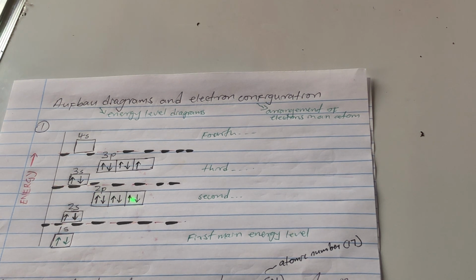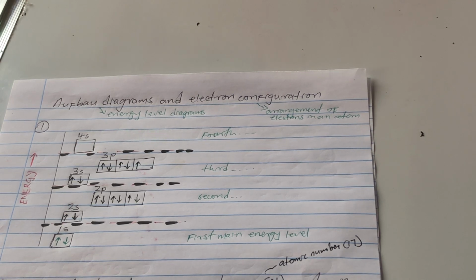Even the p's, 2p, 3p, 4p, are in a straight line. So on the third level is 3s, then 3p. 3p also contains 3 boxes. The fourth energy level is 4s, and then you can also add 4p here.